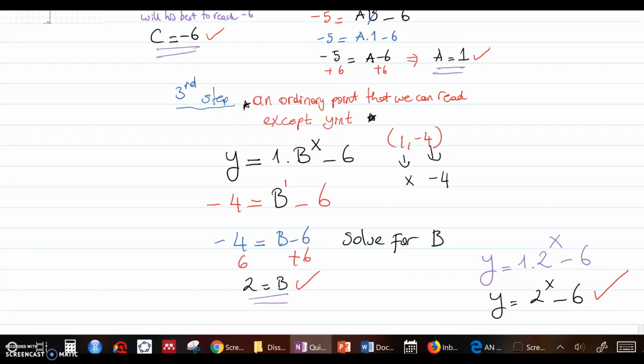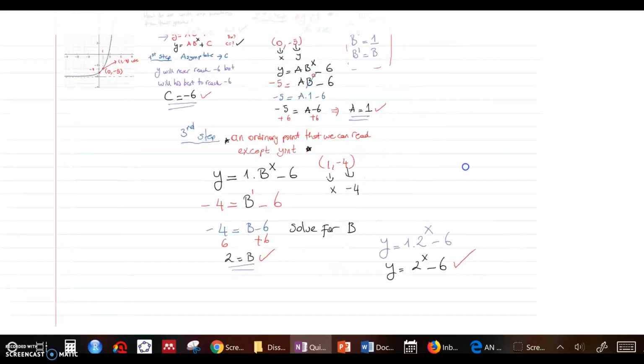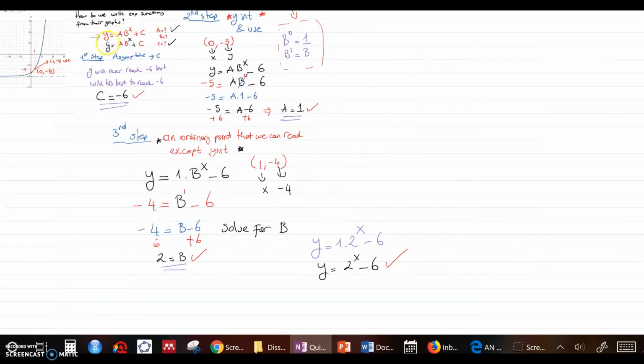Ta-da! Okay, so remember one thing. I started by thinking that this is the form of the exponential equation: y equals a times b to the power x plus c. And my job was to figure out a, b, c. The order, the sequence, is important here. You can't say, let me figure out the asymptote later on, or let me use the y-intercept at the last step.